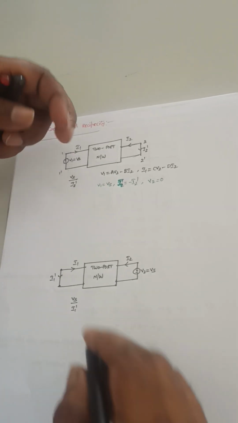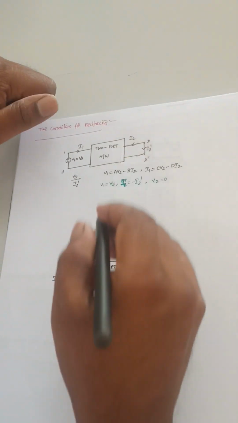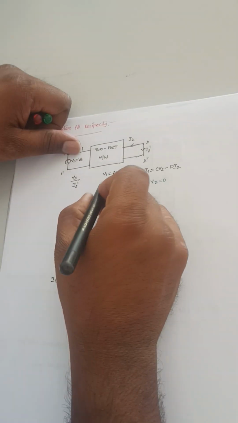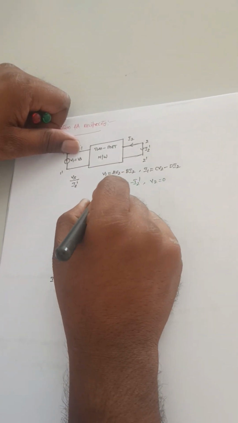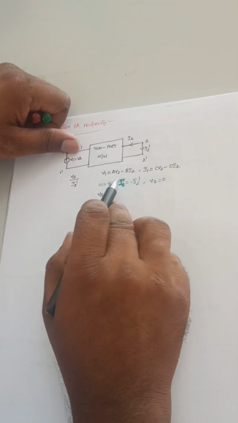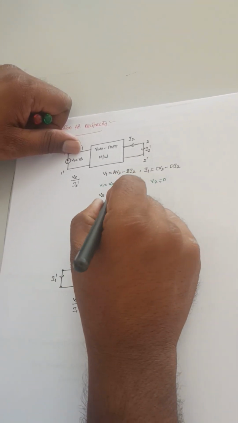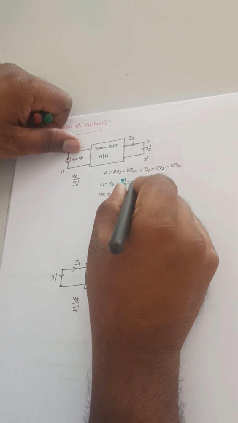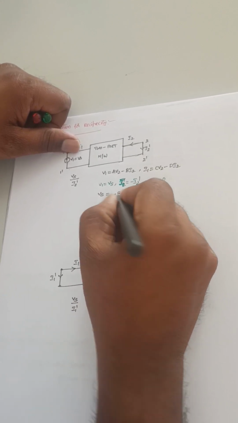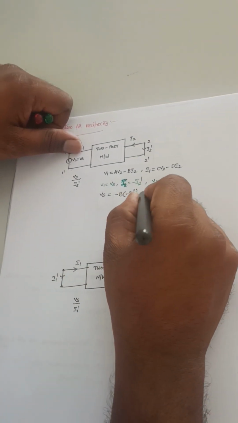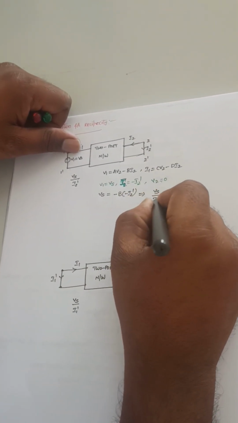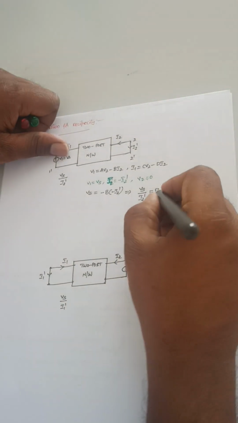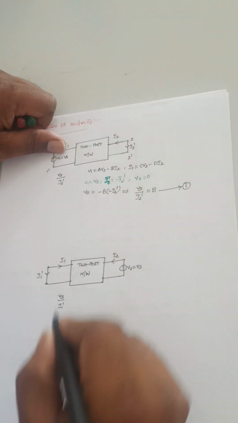If I substitute these values in the above expressions, V1 is equal to Vs, so Vs is equal to, V2 value is 0, so it is 0, minus B into I2, and I2 is equal to minus I2 dash, so it is B times I2 dash. Now from this, Vs by I2 dash is equal to B. Let us consider this as equation number 1.